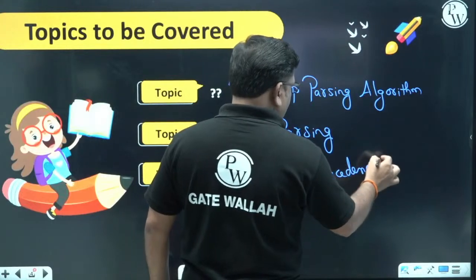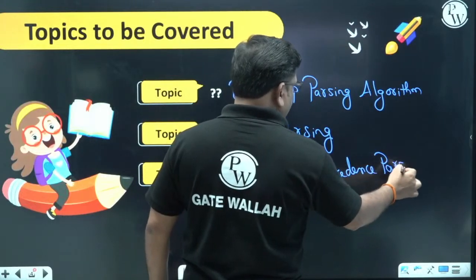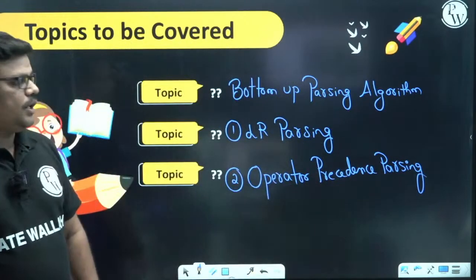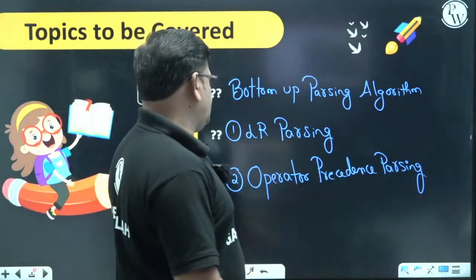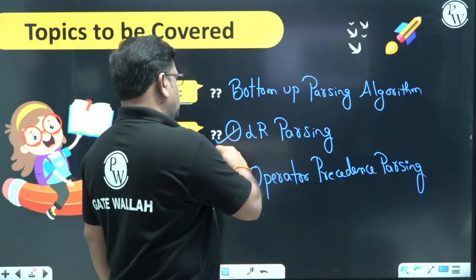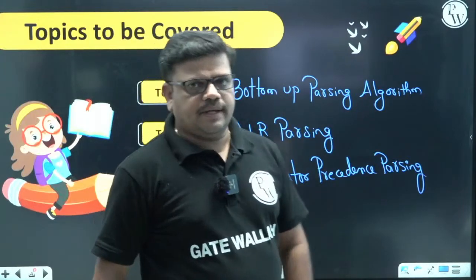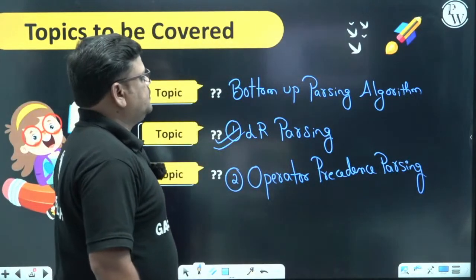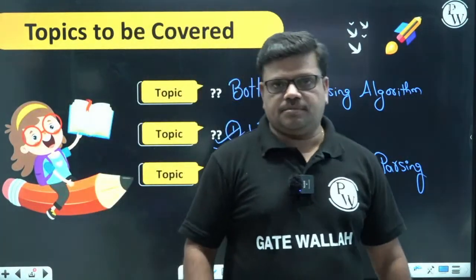These are the two major bottom-up parsing algorithms. Of these two, the most important and more powerful one is LR. We will discuss both of them.